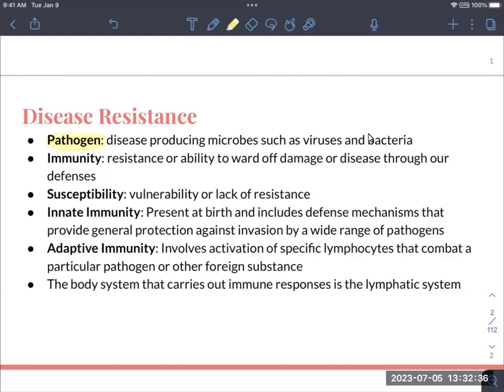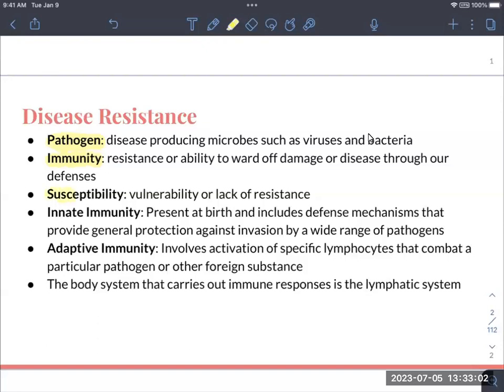Your immunity is your body's ability to actually fight off whatever viruses, bacteria, any kind of those microbes that get into our system. How your immune system can actually fight that off and keep you healthy or return you back to being healthy.